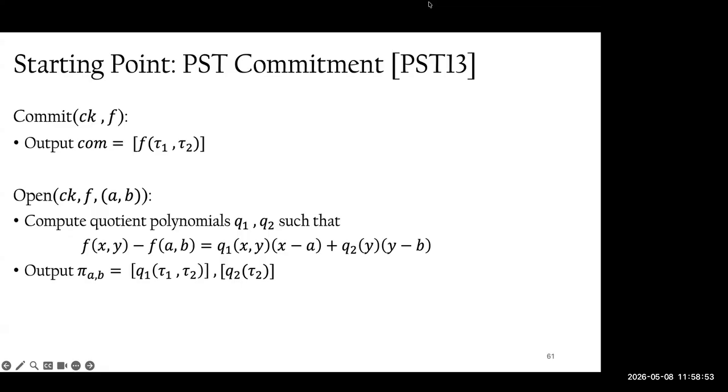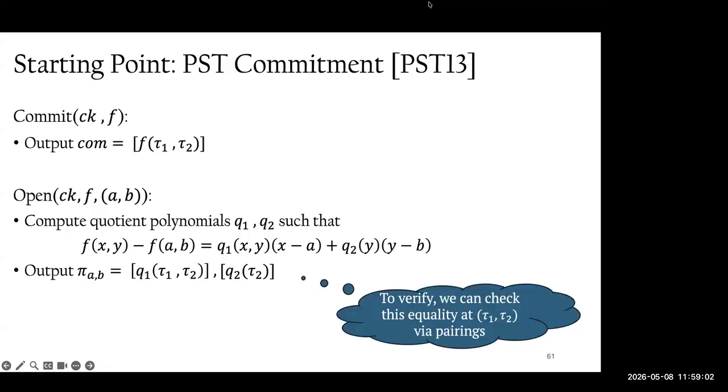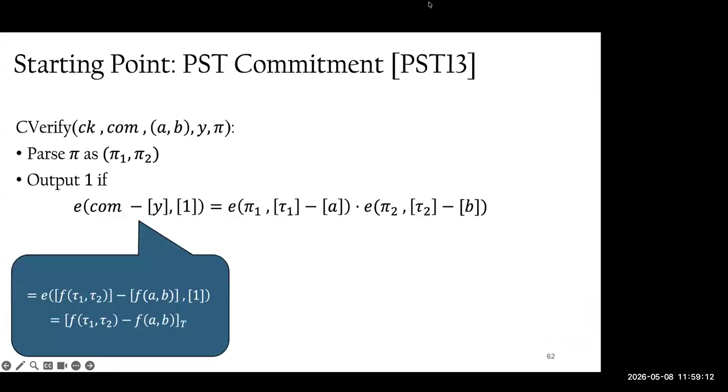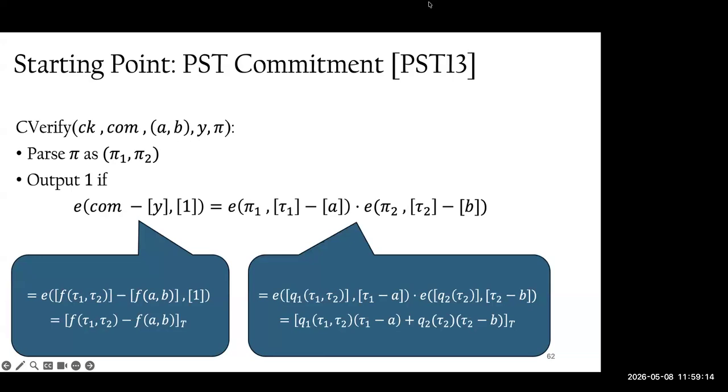So the proof will be q1 at the trapdoor and q2 evaluated at tau. Any questions on PST? To verify, we just check exactly this equality in the exponent, using pairings. This is just the verify for PST, let me skip through.